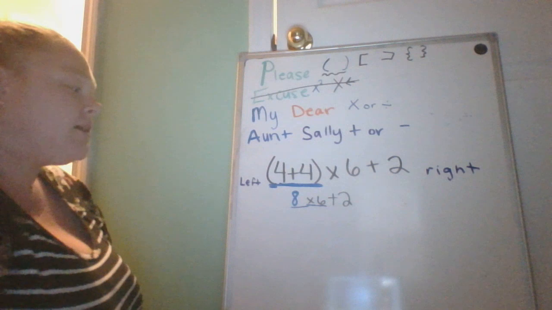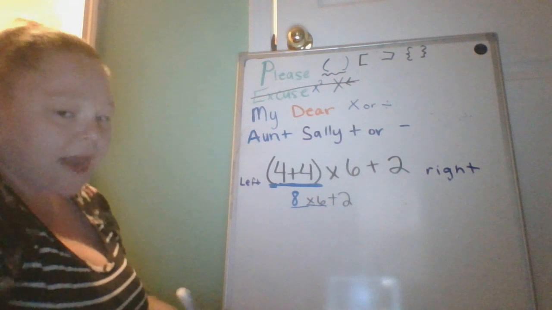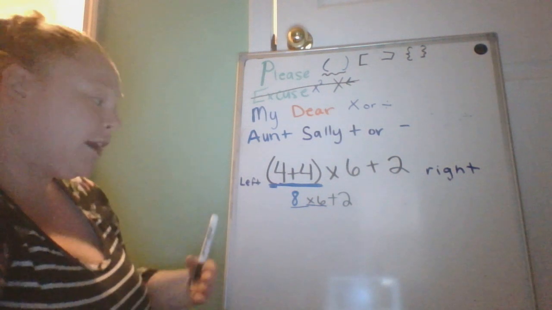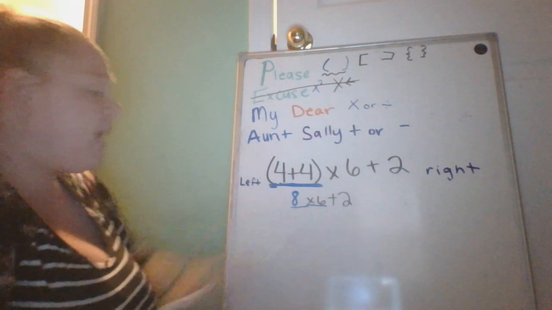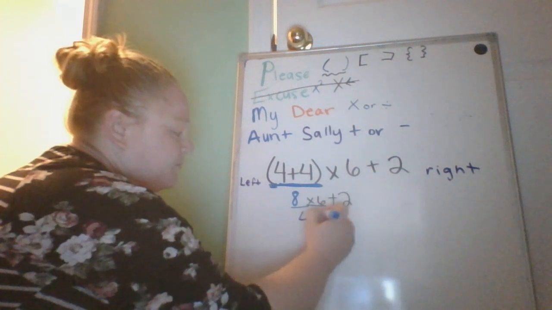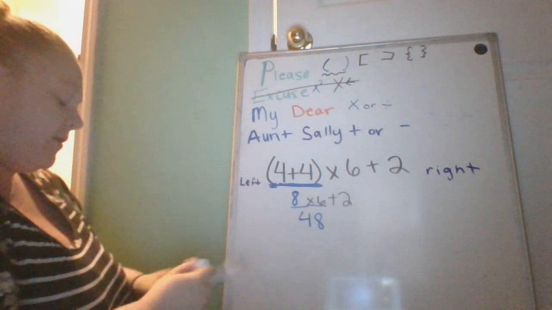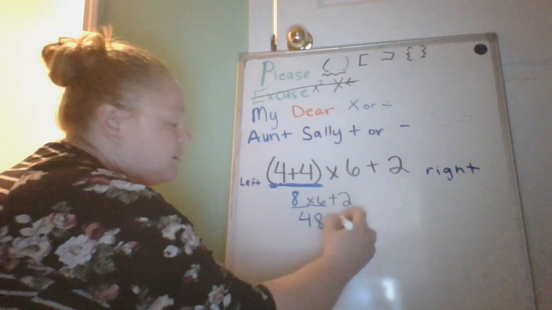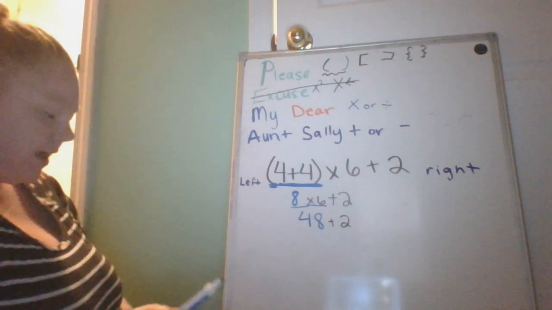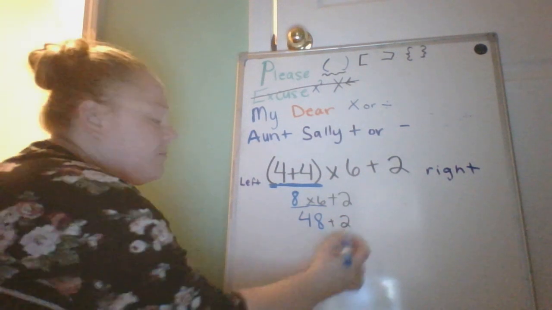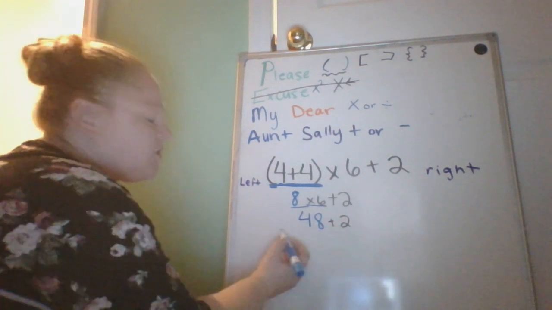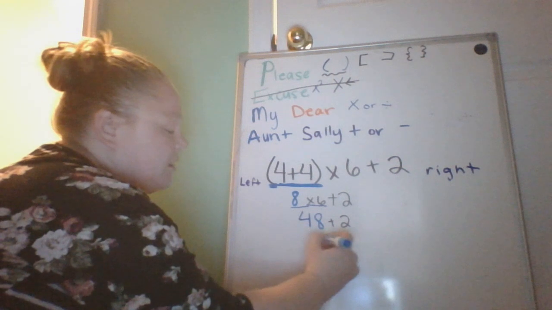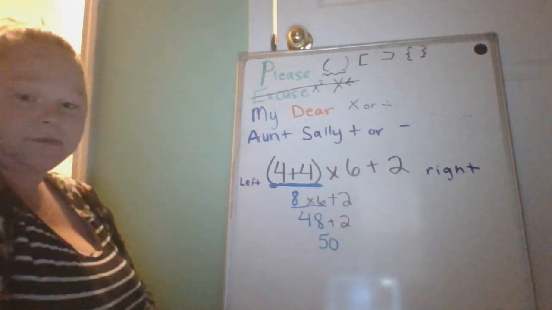I'm not quite sure what 8 times 6 is, but I do remember that 8 times 5 is 40. And so that would be 8 more, which would be 48. And then I'm going to keep everything I didn't use, plus 2. 48 plus 2, that's simple. I don't have any other operations to worry about. I can simply just solve this and it would be 50.